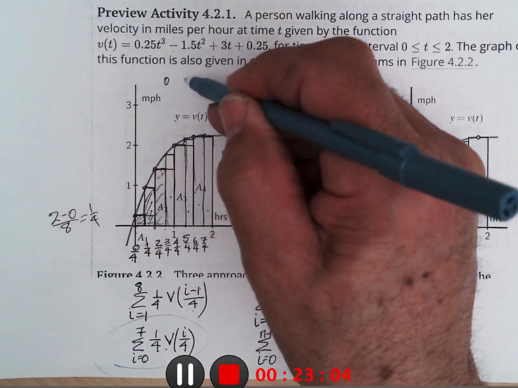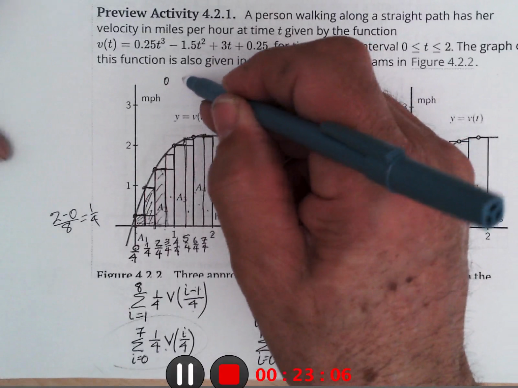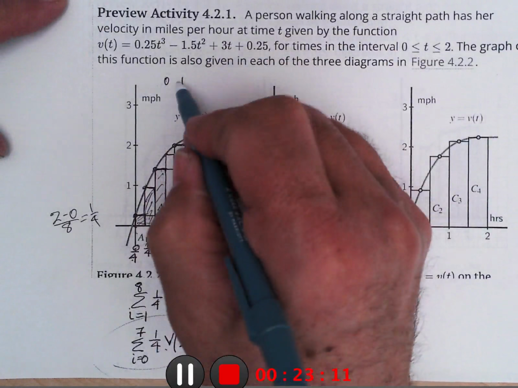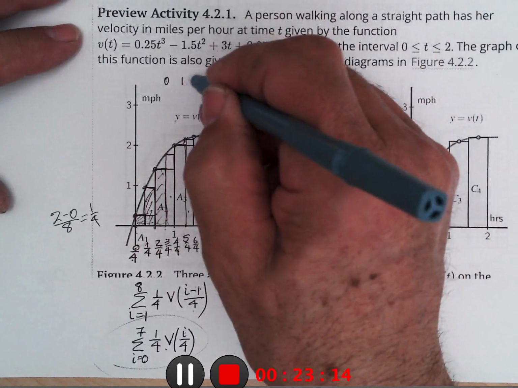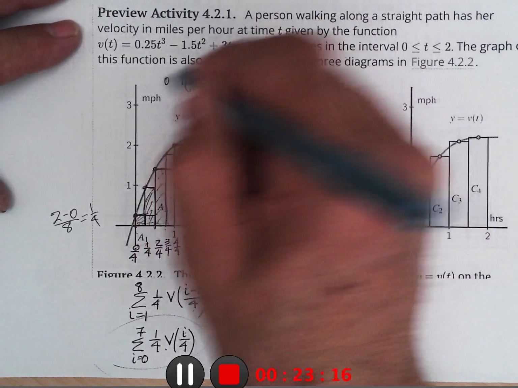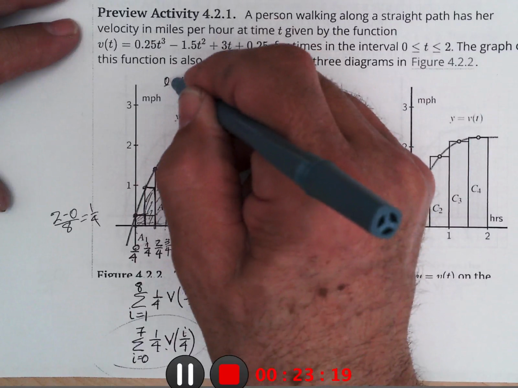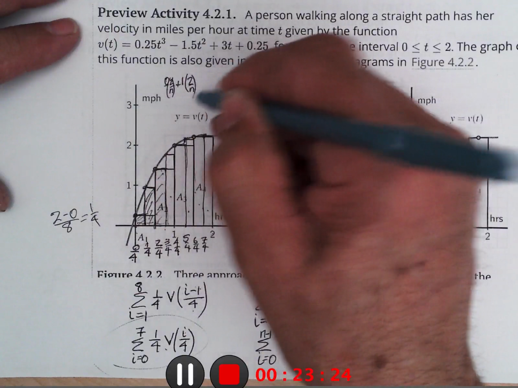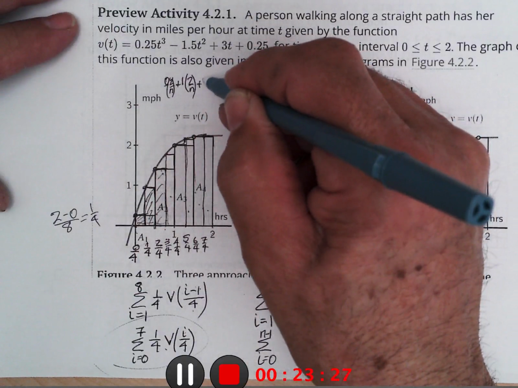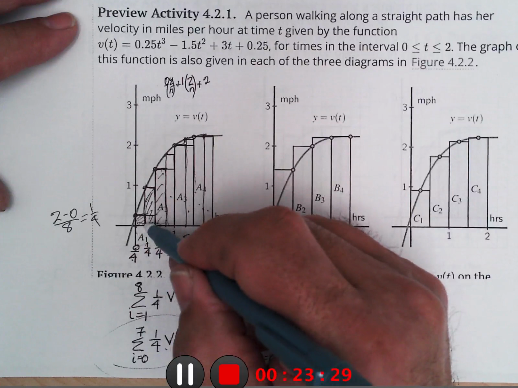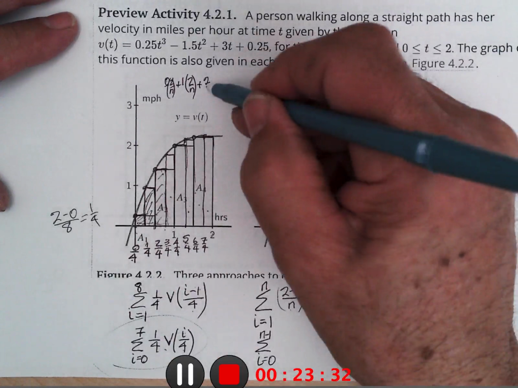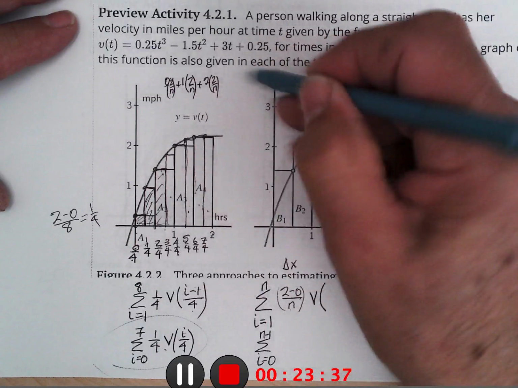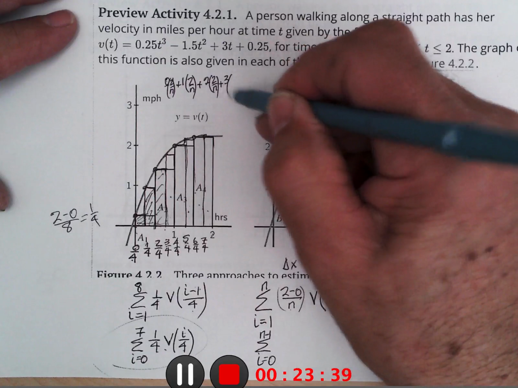Second one would be 1 of the widths, 2 over n. 0 of the 2 over n widths, plus 1 of the widths, plus 2, the second width, 1, 2 widths over, each one is 2 over n. Then the next one would be 3 of the widths, 2 over n, etc.